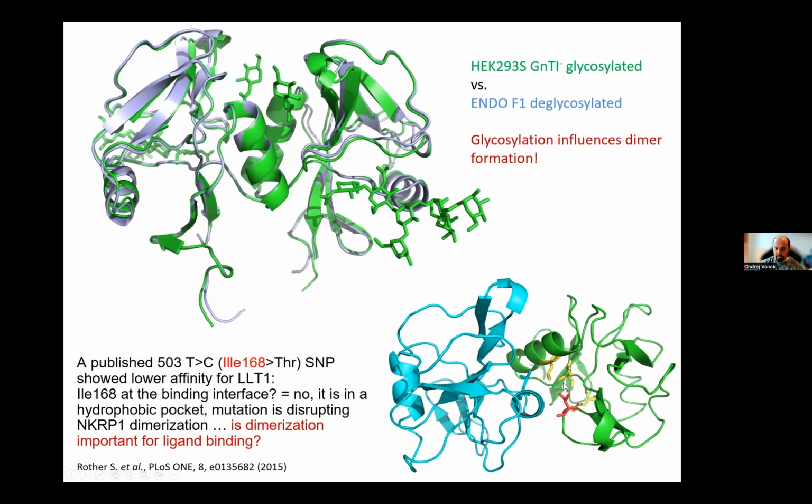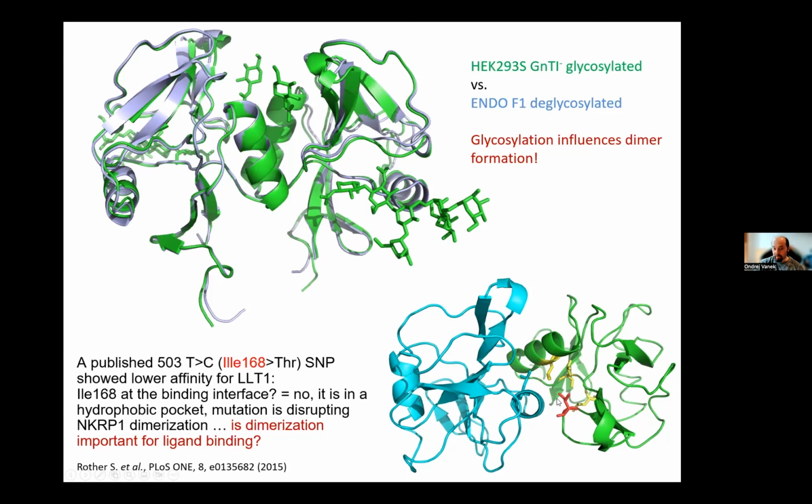For example, there was a publication in 2015 describing a single nucleotide polymorphism causing mutation of isoleucine 168 to threonine residue. The authors proposed that maybe it's at the binding interface.